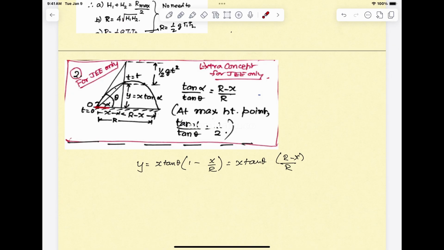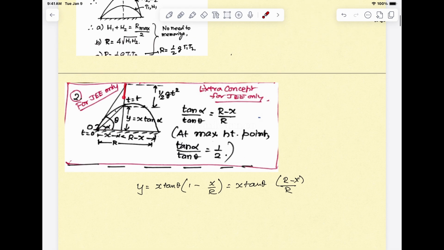What is x tan theta? x tan theta is this height. Why? Because this is x, and this is theta, the initial projection angle. Therefore this is x tan theta. How do we get it? We extend the initial projection angle theta like this, and at x erect the ordinate.